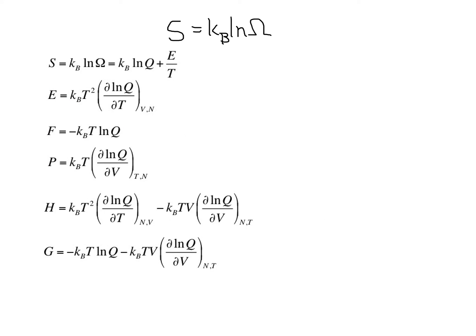These expressions are enthalpy equals kT squared times the derivative of the natural log of the partition function with respect to temperature minus kTV times the derivative of the natural log of the partition function with respect to volume. And for Gibbs free energy, it's minus k_B T natural log of the partition function minus k_B T times the volume times the derivative of the natural log of the partition function with respect to volume.